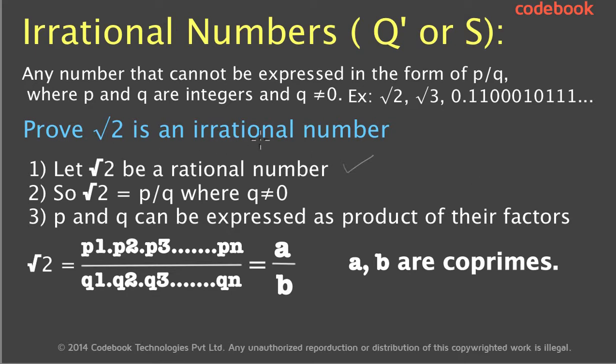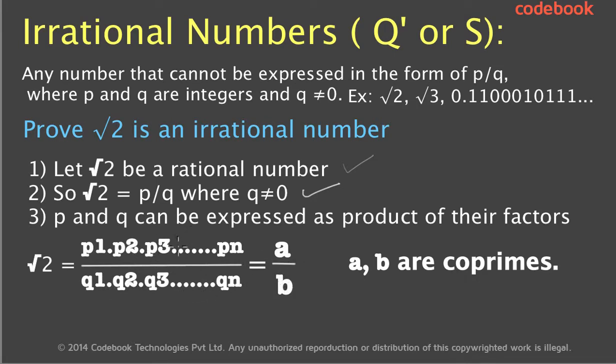If root 2 is a rational number, then we know that it can be expressed in the form of p by q, where q is not equal to 0. Now p and q can be expressed as a product of their prime factors, right? So p can be expressed as p1 times p2 times p3, so on to pn. Similarly, q can be expressed as q1 times q2 times q3, so on to qn.